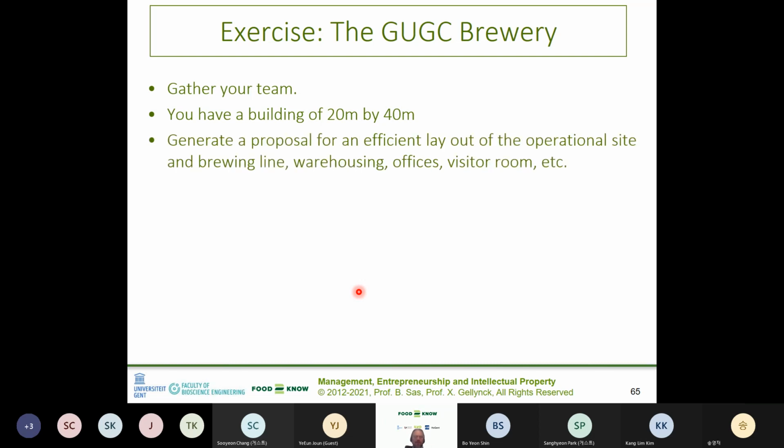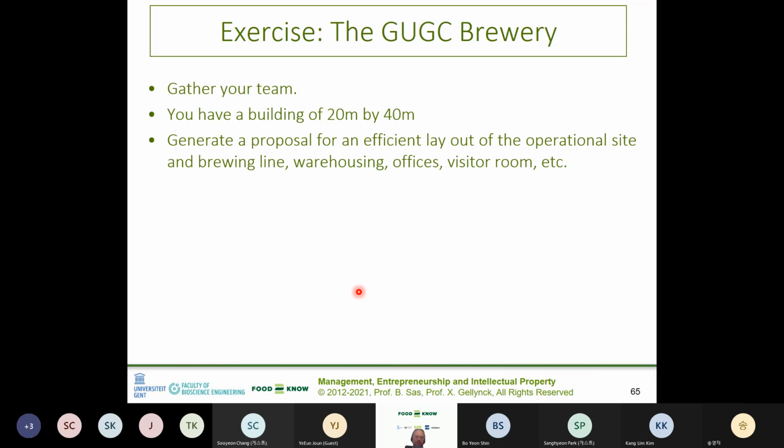Now, as mentioned, if we had been meeting face to face, then following this class we would split up again in groups, and we would be looking again at our brewery that we want to establish on the campus in South Korea. You get a building, with measurements of 20 meters by 40 meters.